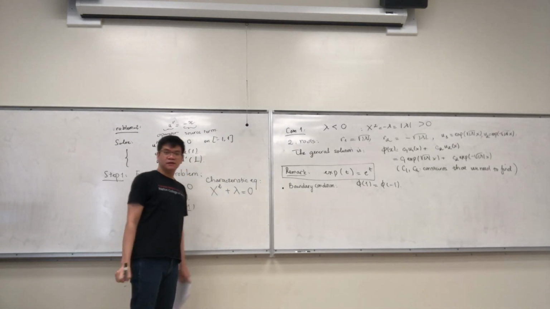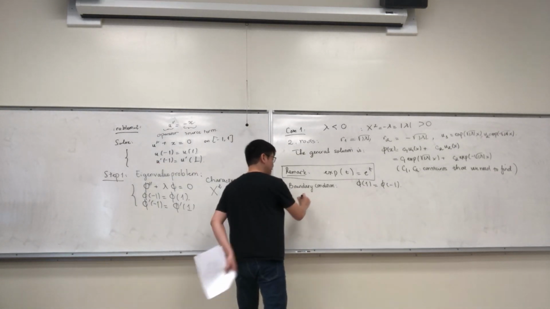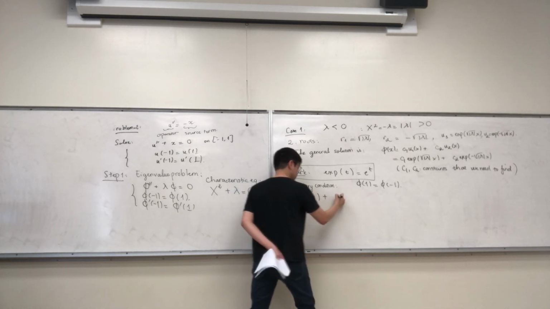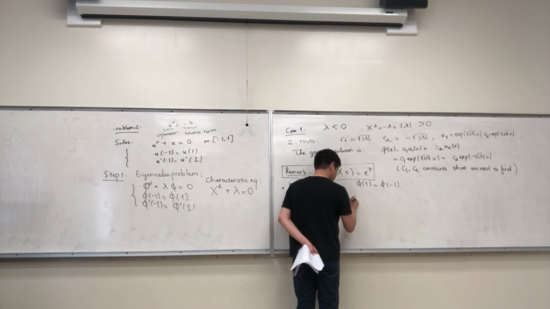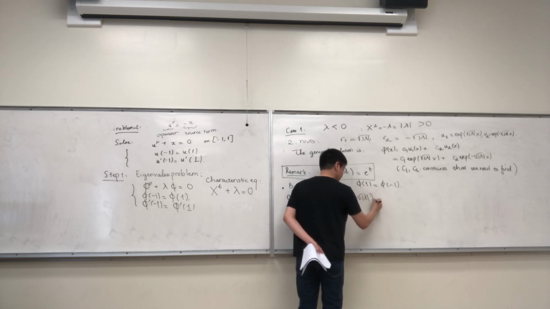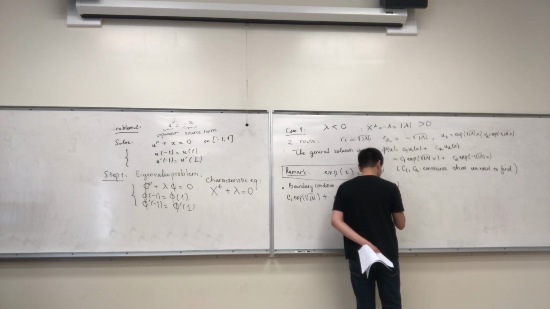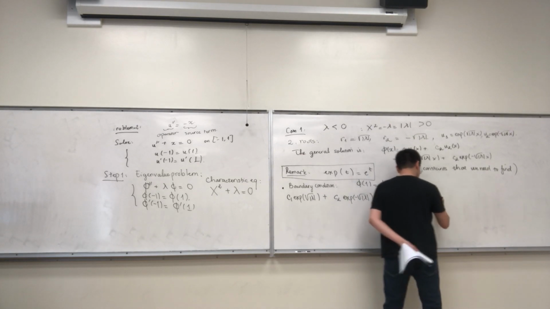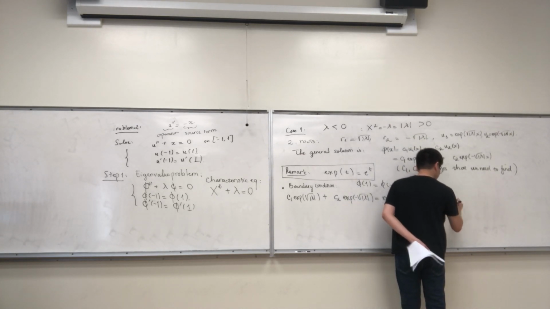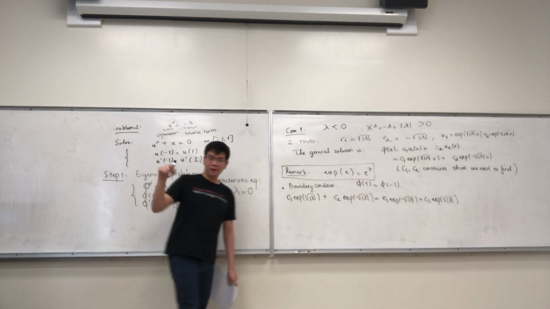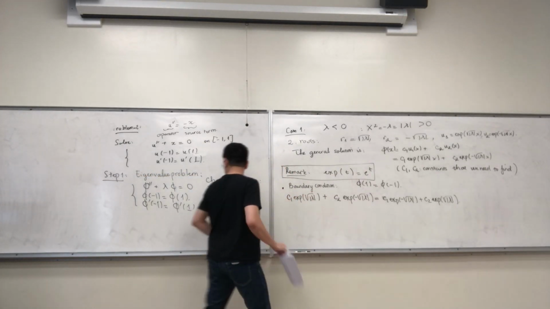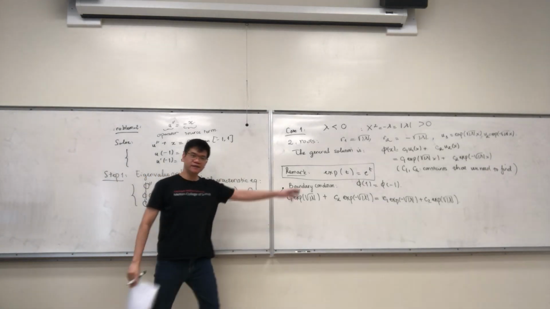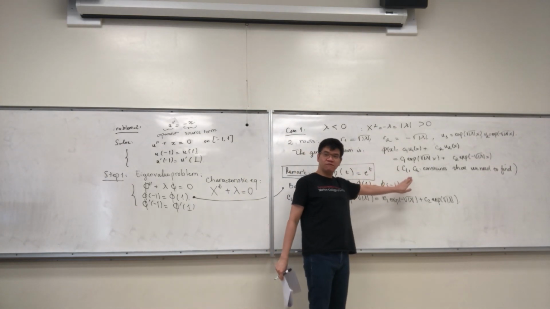Which means the following: you have c1 exponential of square root lambda plus c2 exponential of minus square root lambda is equal to c1 exponential of minus square root lambda plus c2 exponential of square root lambda. So this is the boundary condition that I'm using, phi of 1 is equal to phi of minus 1.